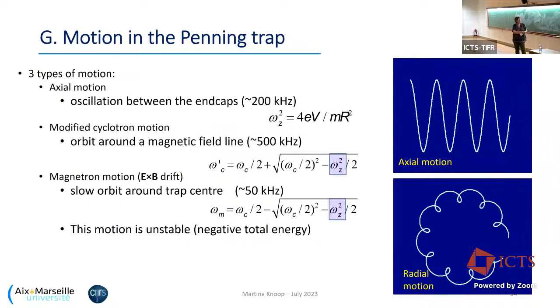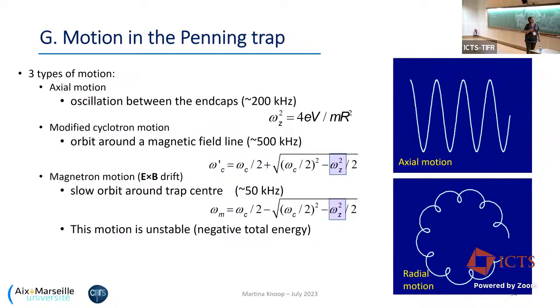So we do have this radial motion where they have this spiral motion around the B field lines, but in addition, they also have this E cross B drift and go around the whole trap. Okay? And so you will see that these motions are not uncoupled.